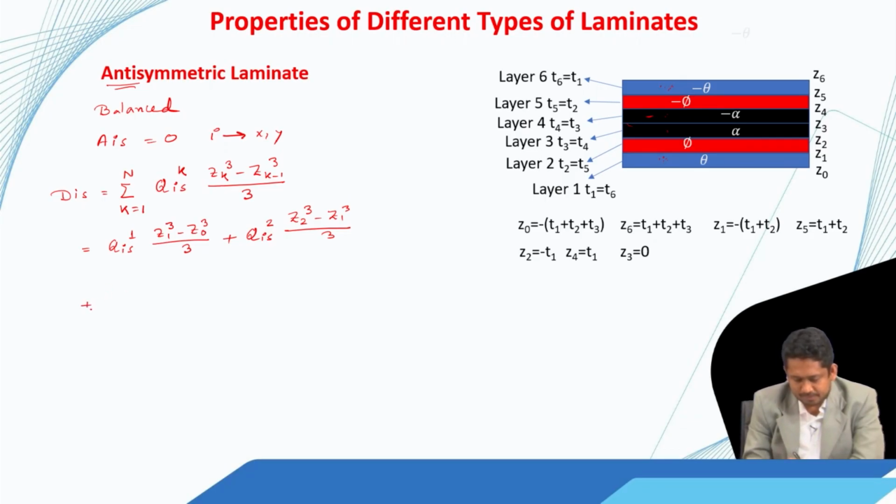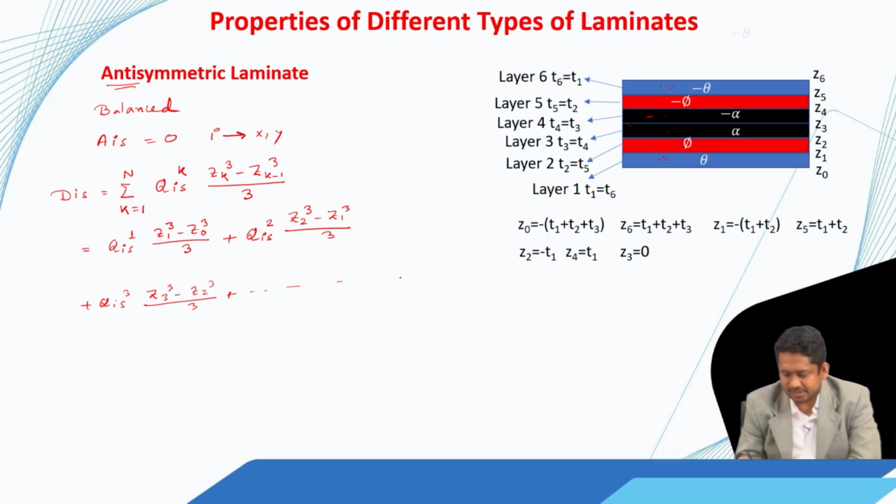Then we have Q̄IS for the third layer multiplied by Z3 cube minus Z2 cube by 3, and we can keep writing up to ply number 6.